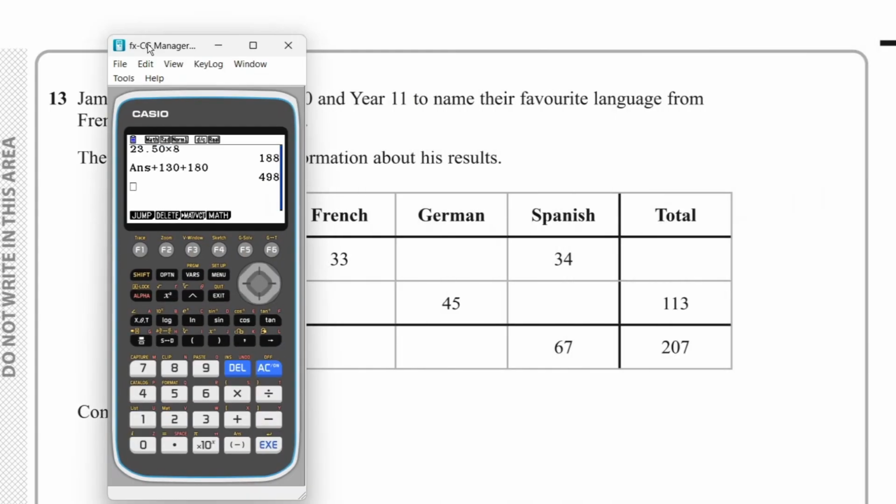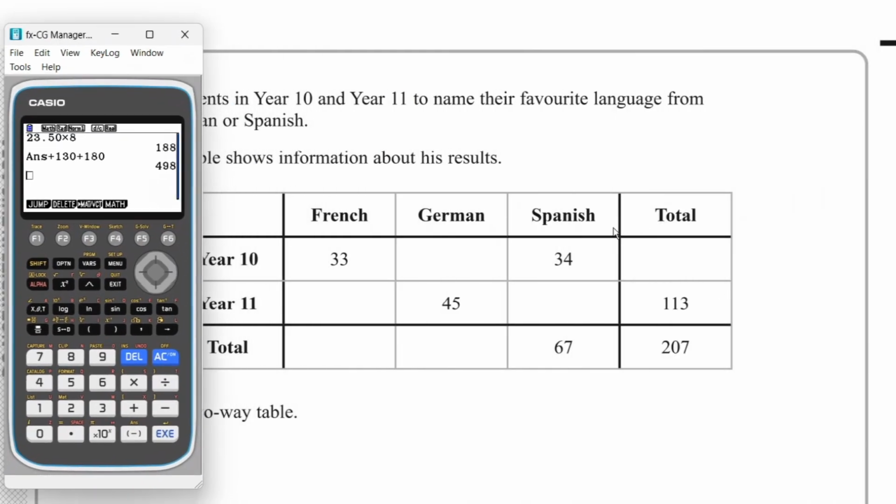So for us to complete the two-way table, let's find out the total in Year 10. 207 take away 113 is equal to 94. 94 subtract 34 subtract 33 is 27, so we have 27 German Year 10.